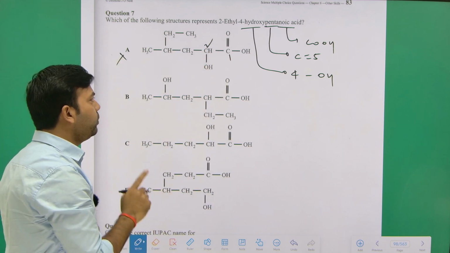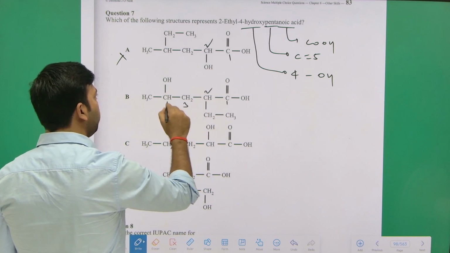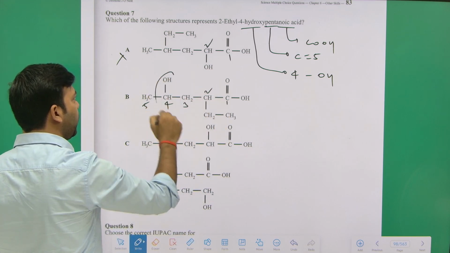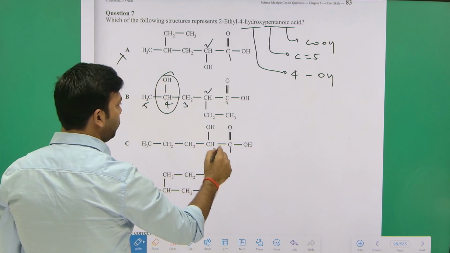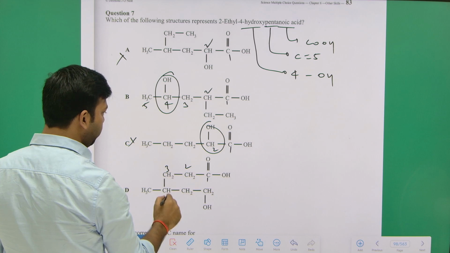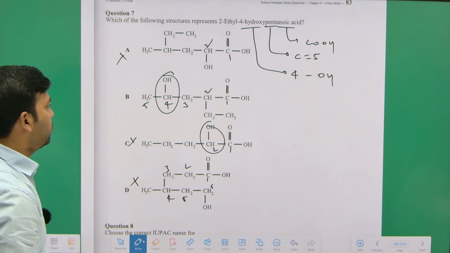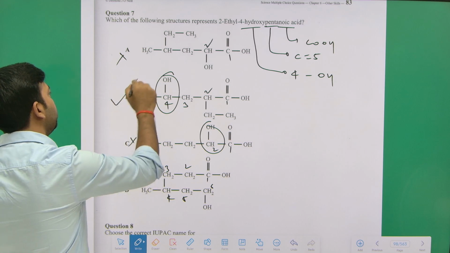So OH must be at the 4th position. So look at this one, 1, 2, 3, 4, 5. Yeah, this is 4-hydroxy. 1, 2, 2-hydroxy, wrong. 1, 2, 3, 4, 5 and this is 6. This is again wrong. So 4-hydroxy is only in option B which is correct.